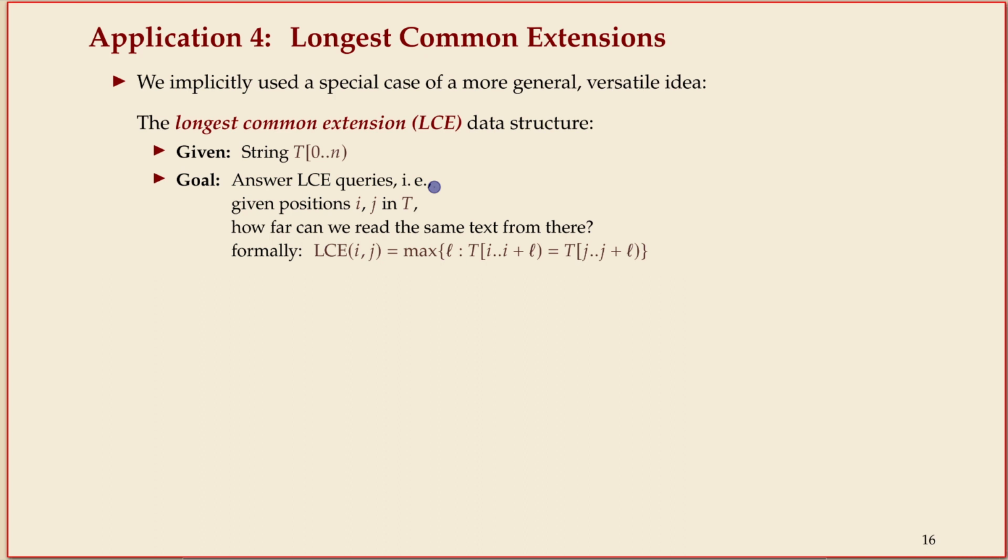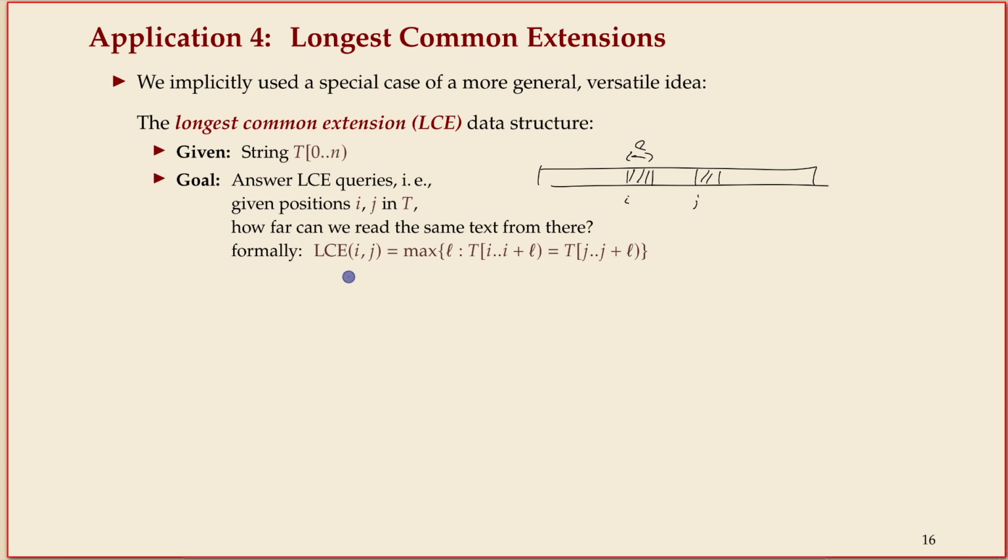And then later I'll ask you LCE queries, longest common extension queries, which means I'll give you two positions in that text. One here, one there. And you have to tell me how many characters I can read from there to the right that match. So how far can I read the same characters here that are equal? And all I want to know is how many characters, so not the actual text. That's the formal definition here.